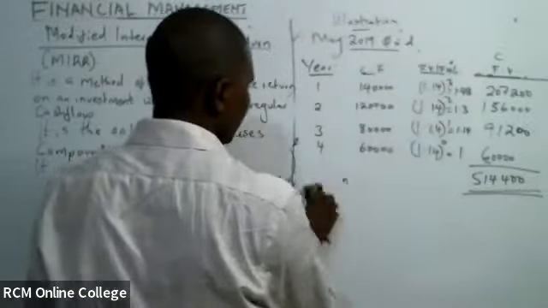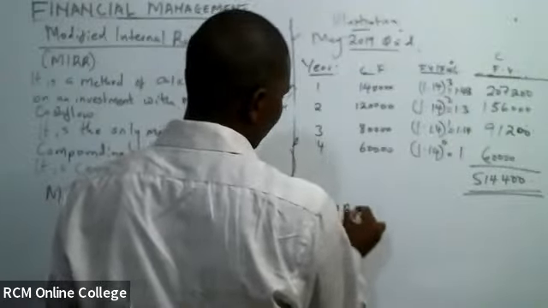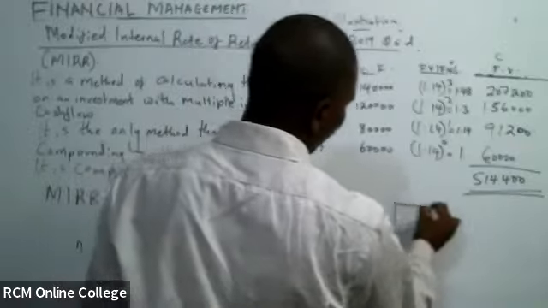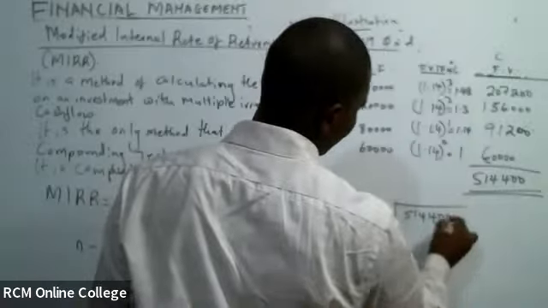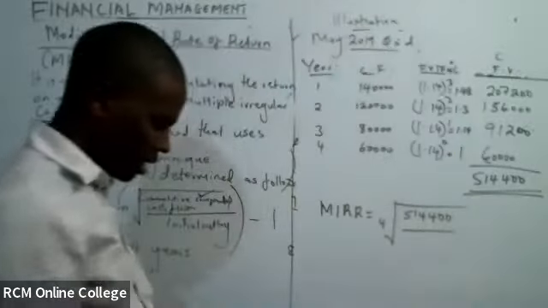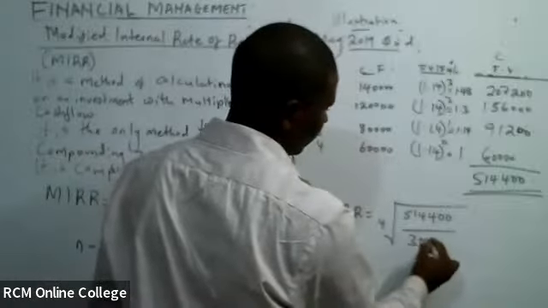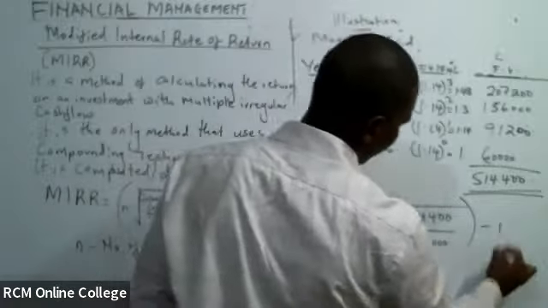Then I can get my MIRR. MIRR is equal to 4th root of 514,400 divided by, what is our initial outlay? 300,000. Then whatever that I get there minus 1.